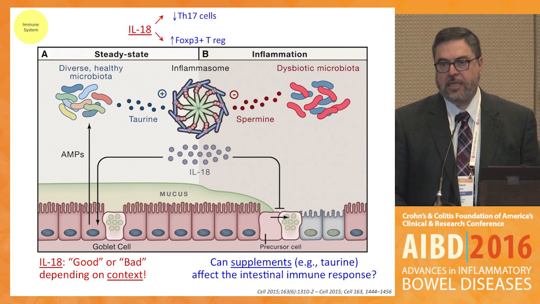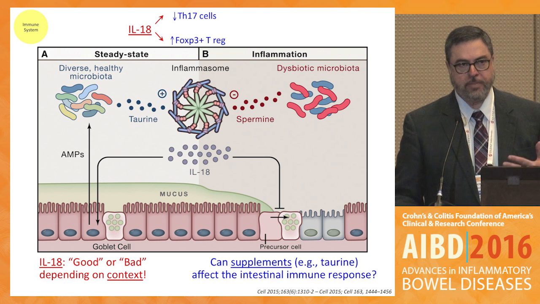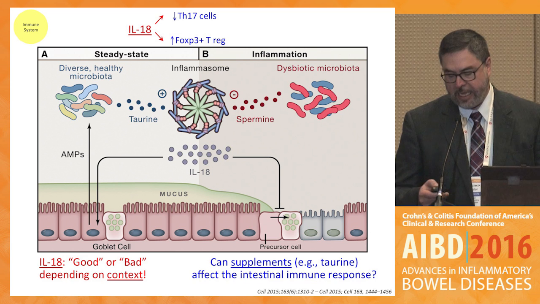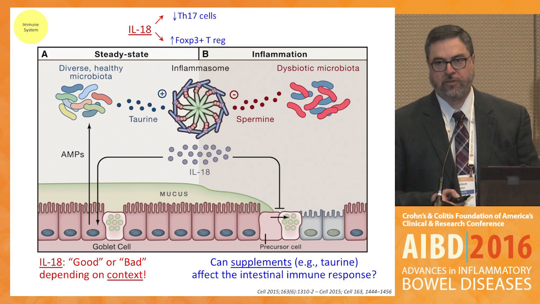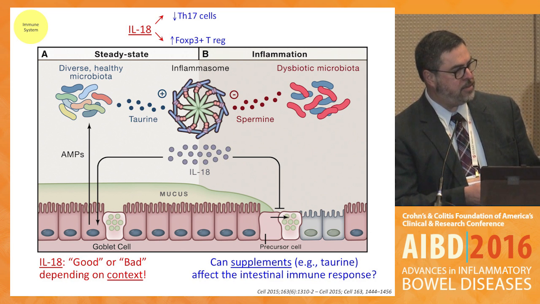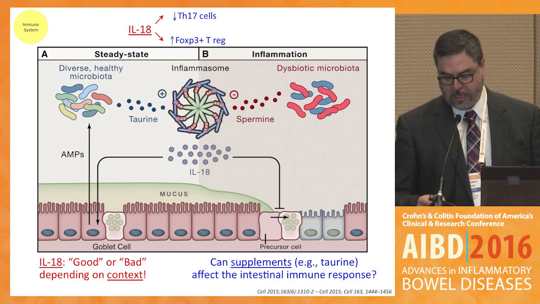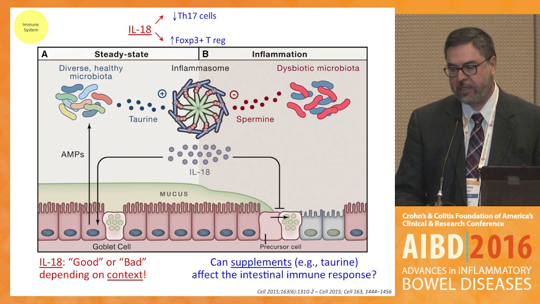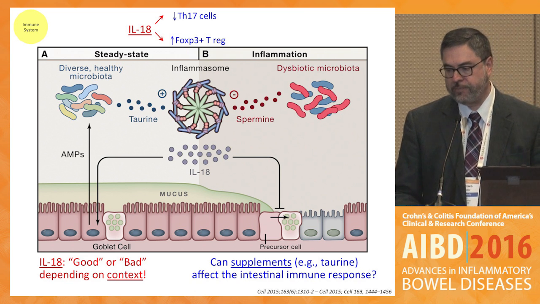So IL-18 can be good for you, but can also be bad for you. When IL-18 is in excess, it can in fact prevent the differentiation of goblet cells in the gut epithelium, and this can in fact produce damage to the intestinal epithelium by altering the mucus barrier.